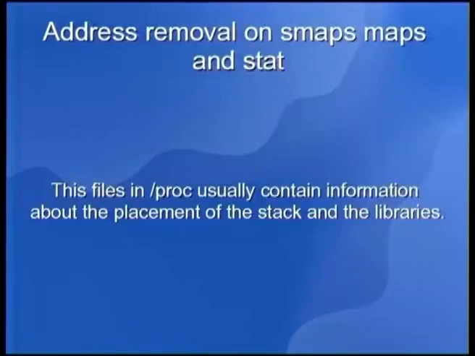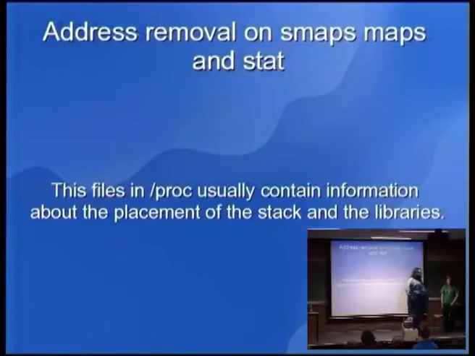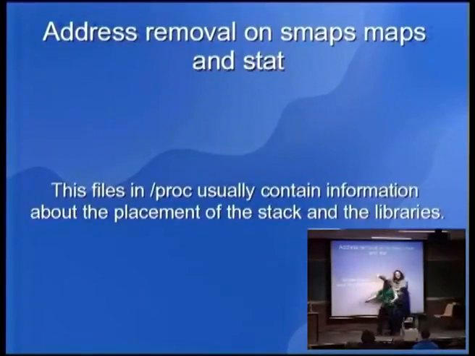So we also can remove the addresses on maps and stat. If anybody has a Linux computer around, you can check in /proc, for example stat or maps, that there is information about where in memory everything is. I mean, basically, I'm the stat, and I'm saying that now Promethean Fire is here, now he's here, now he's here.